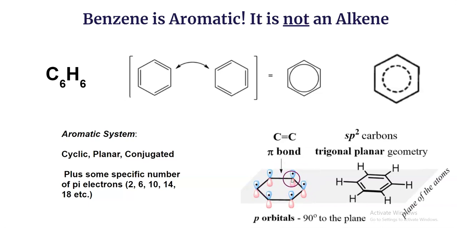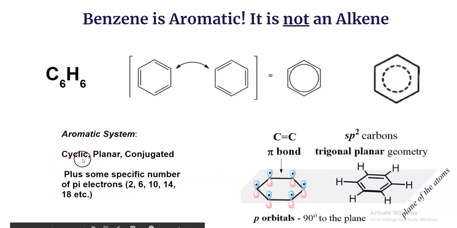The black solid lines are the carbon-carbon sigma bonds. The p orbitals are the orbitals on carbon that are participating in the pi bond formation. And yes, it's a planar, flat structure.